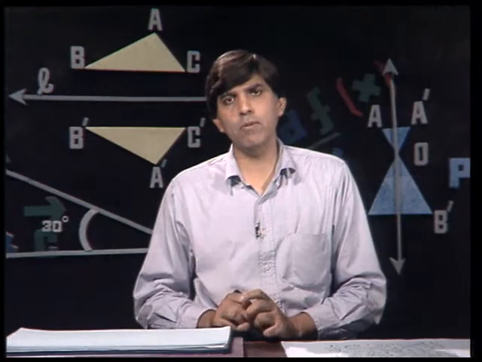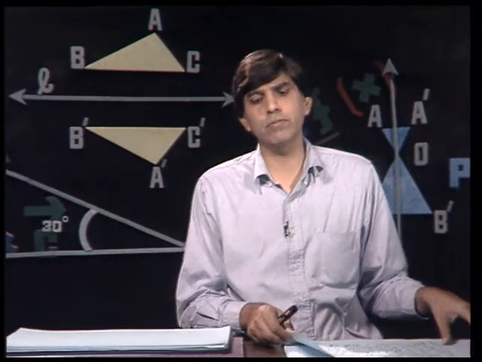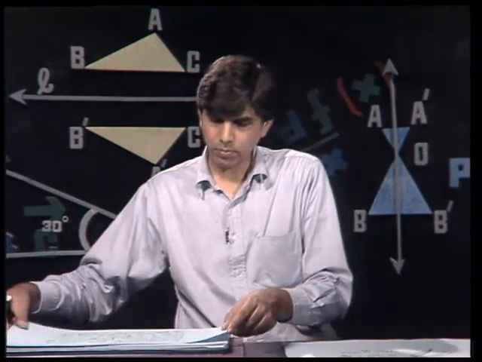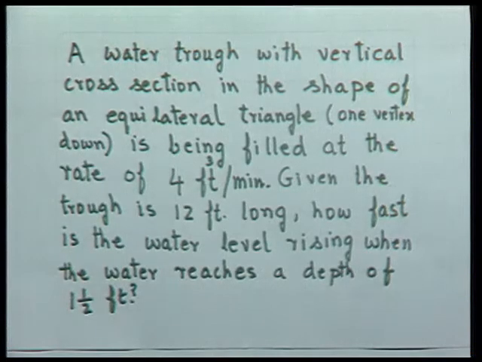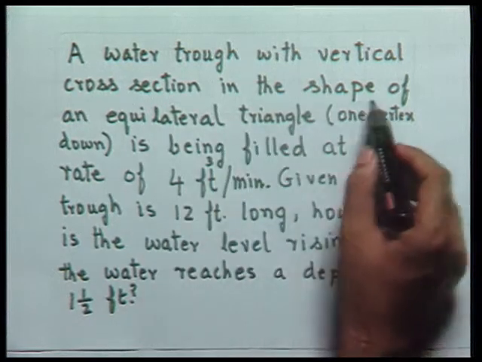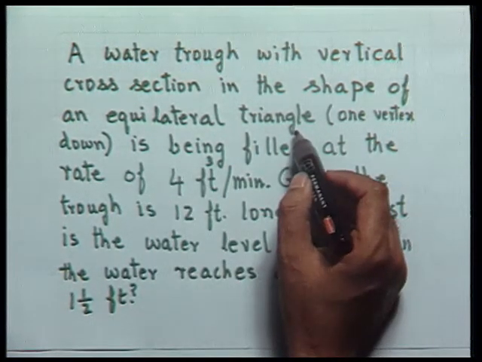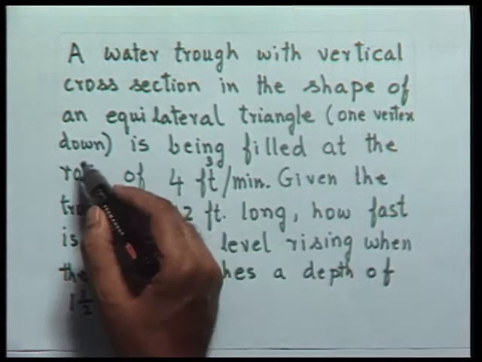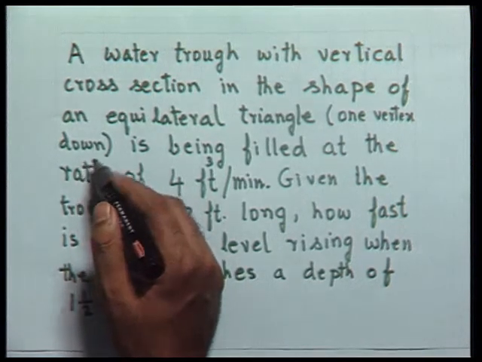One more application of derivatives in a slightly different context. Let's take a look at this problem also. I have it written down for you over here. A water trough with vertical cross section in the shape of an equilateral triangle with one vertex down. So it's something like this.